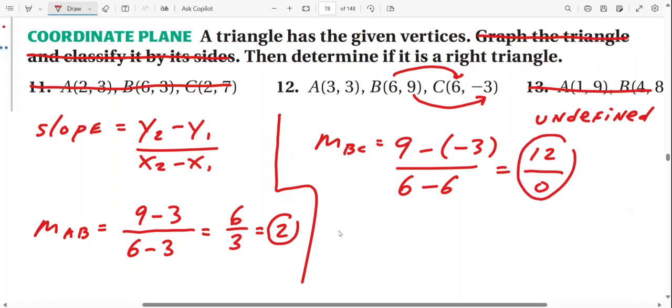All right, we did AB, BC, and now we have to do what? AC. Good job. All right. So change in y: 3 minus negative 3.